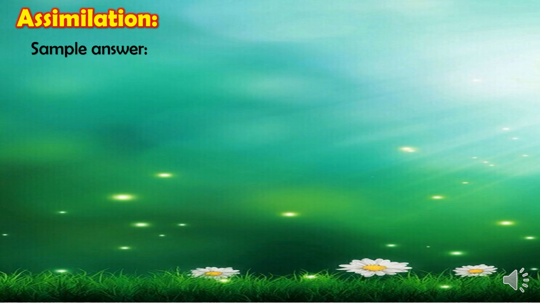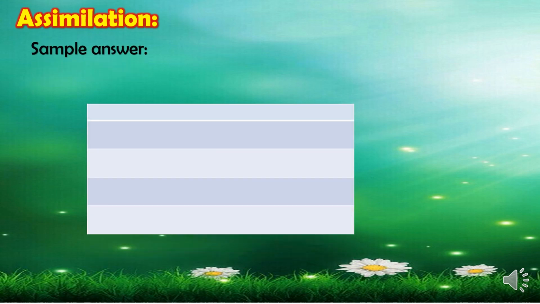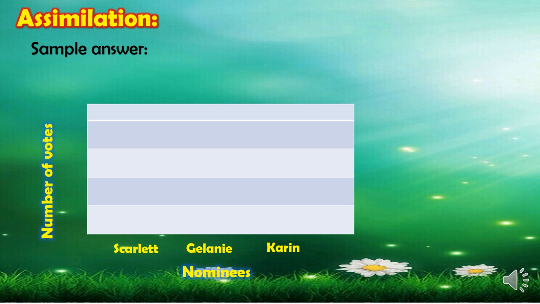So here is my sample answer. We have Scarlett, Jelani, and Karin. They are the nominees. Then we have the number of votes: 0, 5, 10, 15. For Scarlett, she got 9.